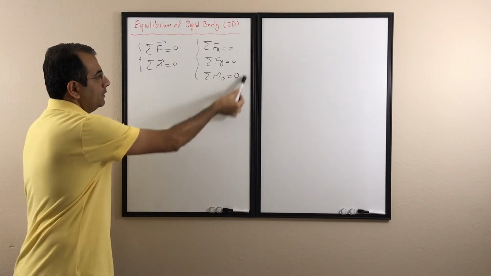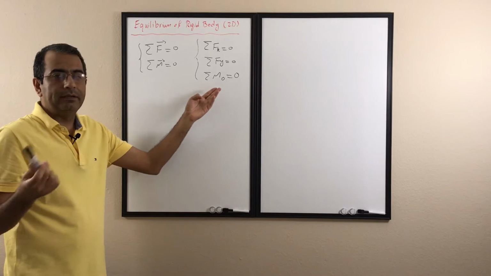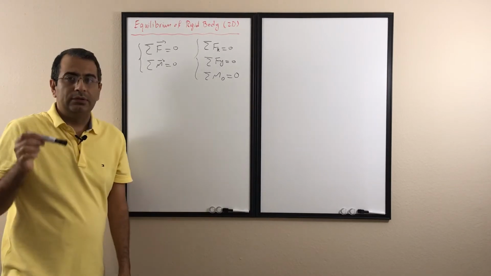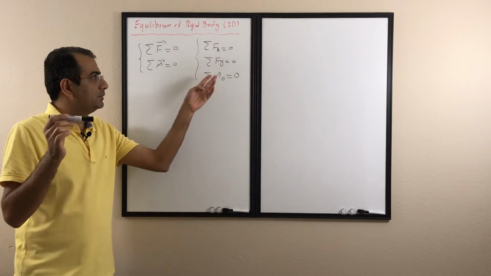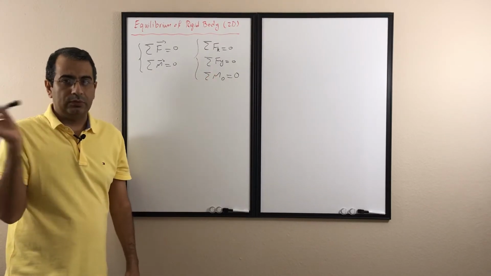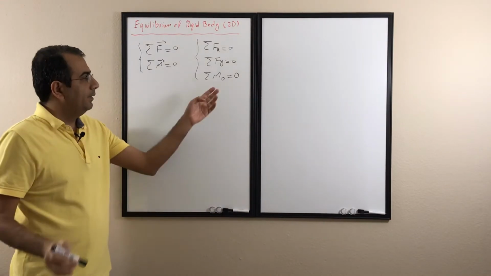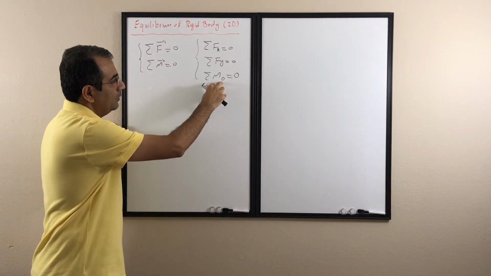And all the moments about any given point, so the point O can be any point, should be zero, so our object doesn't rotate. In other words, these three equations say that the object doesn't go left or right, doesn't go up or down, and doesn't rotate. One more thing to remember is that the point O can be any point.